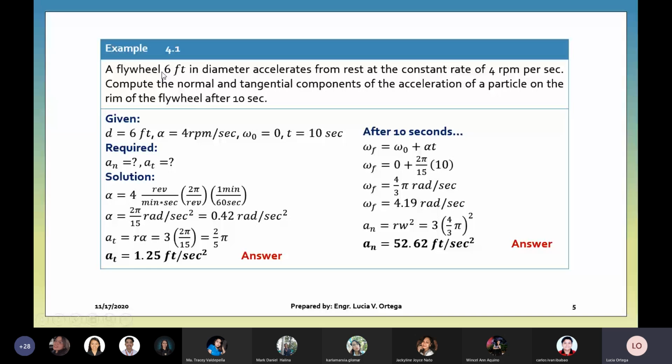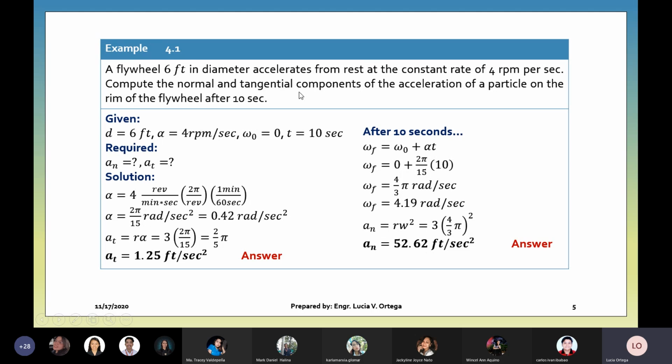So let's consider the application for the equation. A flywheel 6 feet in diameter accelerates from rest at a constant rate of 4 revolutions per minute per second. Okay. This is an acceleration, but it's RPM per second.